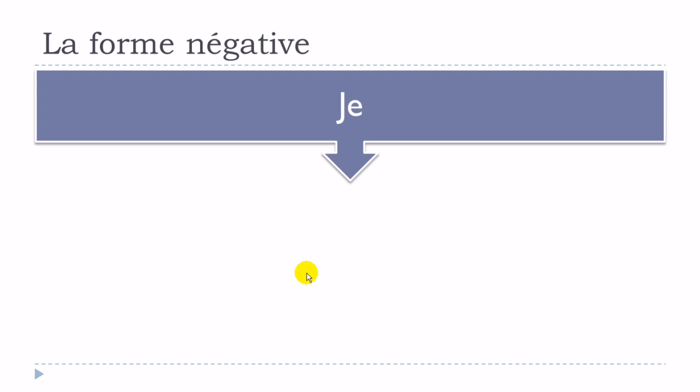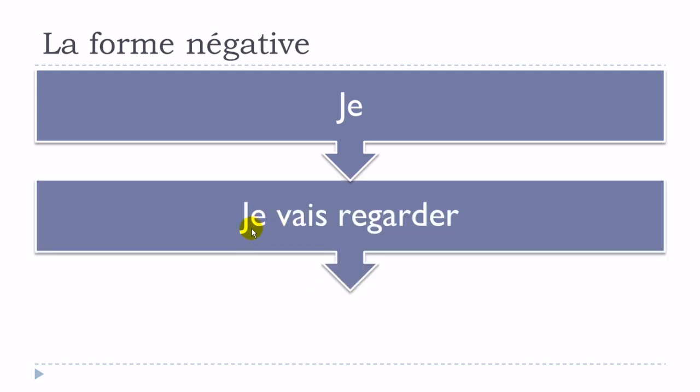First person, je. If you want to use this futur proche form, I am going to look, it's quite simple, because you just put your subject, your verb aller conjugated at the present, je vais, and then the infinitive form, regarder. In this situation, it is quite simple.